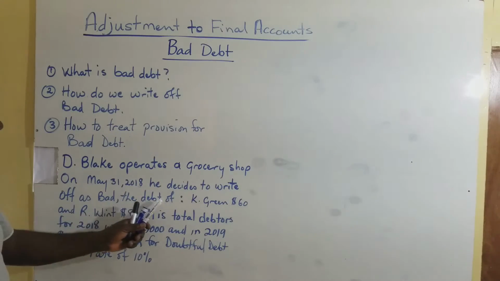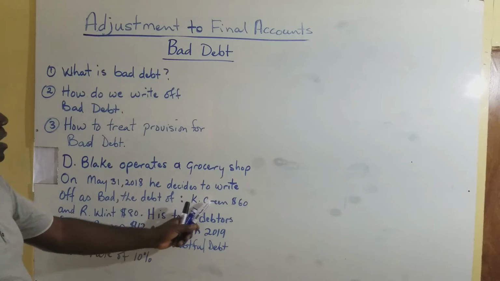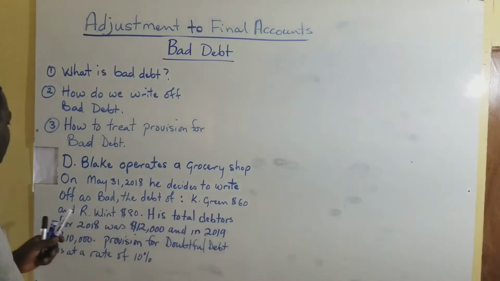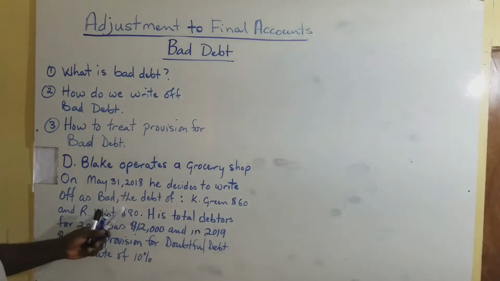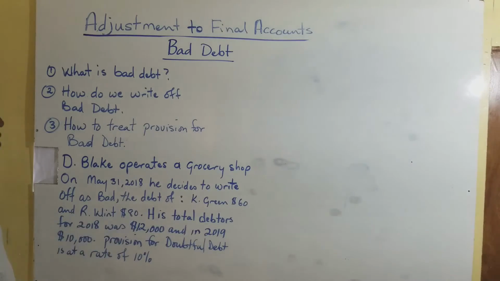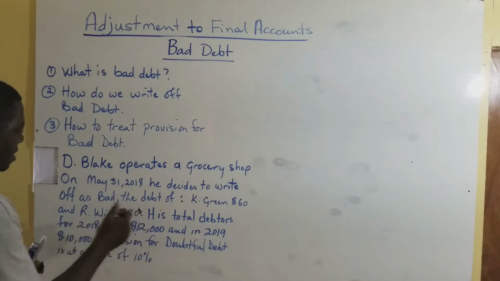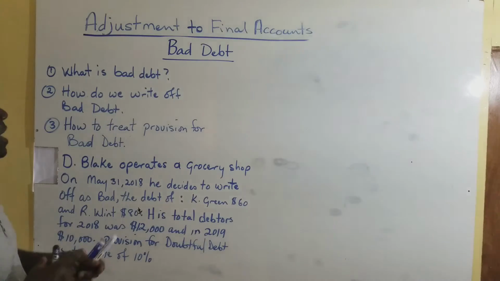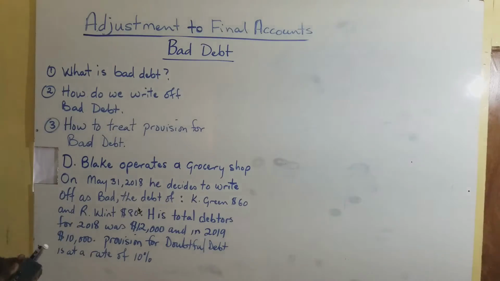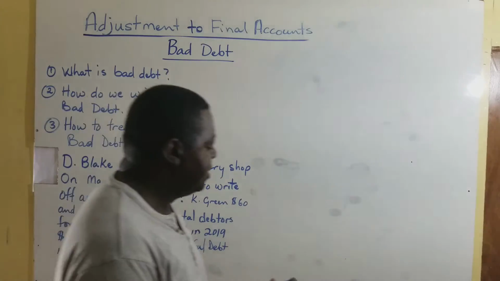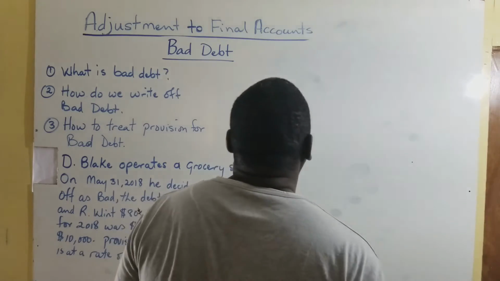The debt of K. Green of $60 and R. Wint of $80. We're going to stop right there in that question, because that is what relates to our writing off of bad debt. That is objective 2. So let's see how we're going to write it off now.